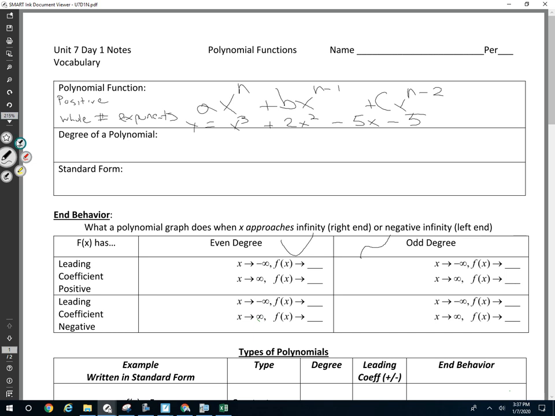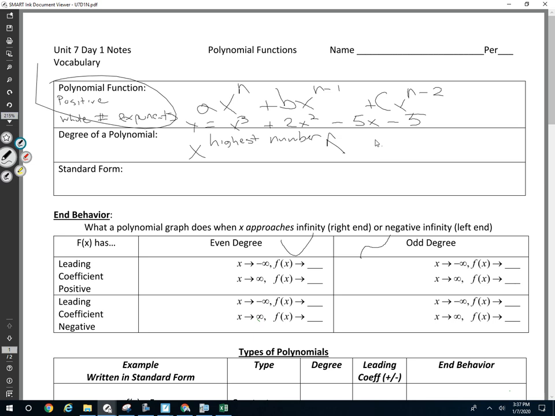Okay, so this is a polynomial. It's just like a bunch of things being added together with degrees that are positive and whole number exponents. The degree is the x to the highest number. This will dictate what's going on.